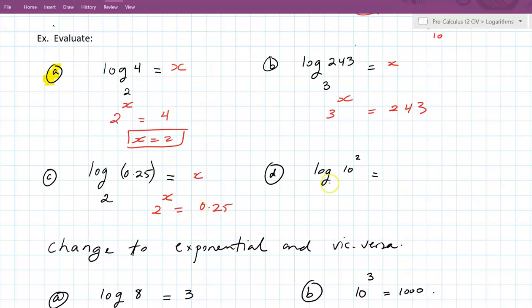Here, how would you write this down? Remember, we don't have a base here, but the base is by default 10. So we say 10 to what exponent equals 10 squared. Well, that is very easy because you know that x equals 2. Obvious. All right, so you go through it and then let's find out what the answers are.